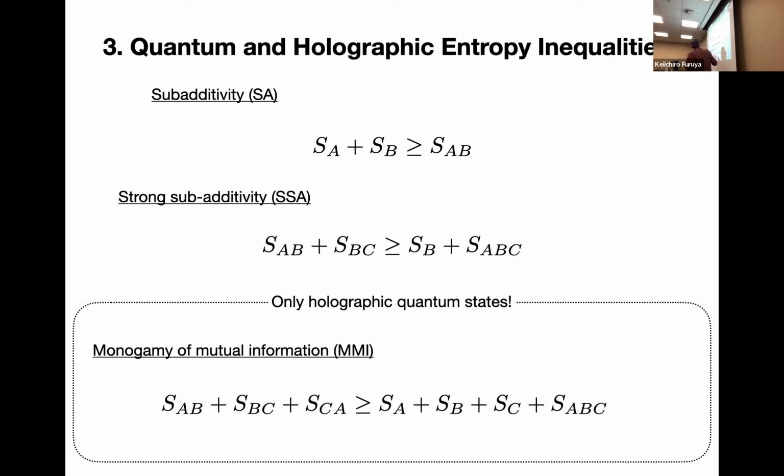But what's important is that there are some inequalities that quantum systems do not satisfy. One of the most famous ones is the monogamy of the mutual information. This one has this form, with SAB, SBC, SCA, SABC, and SABC. It looks very similar to strong subadditivity, but surprisingly, if you have a holographic theory, then this inequality does not hold.